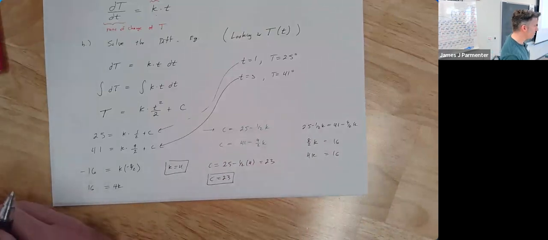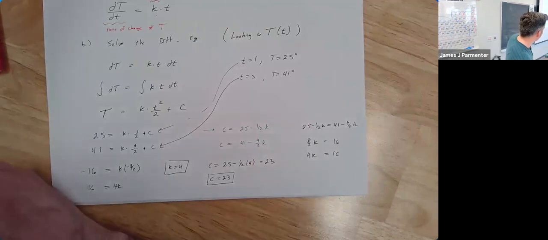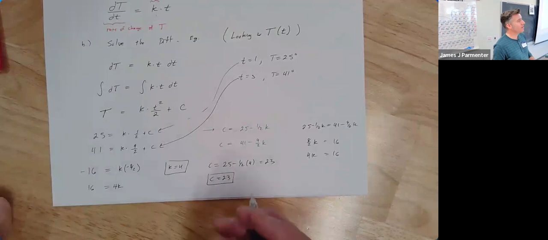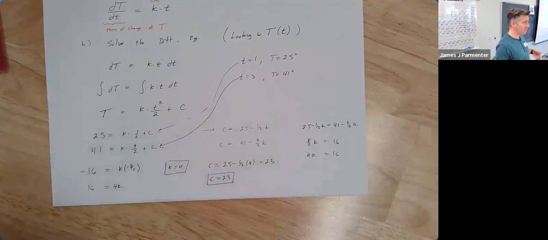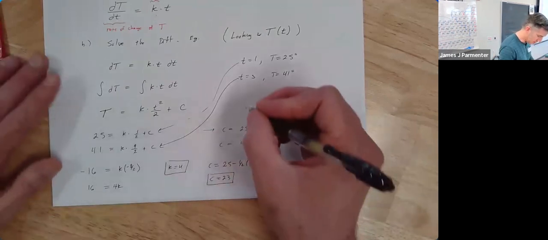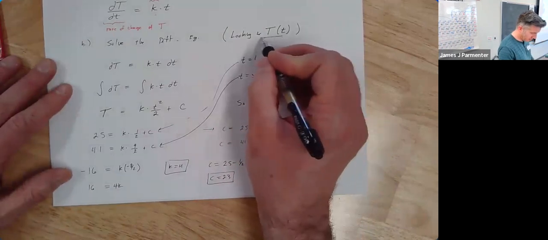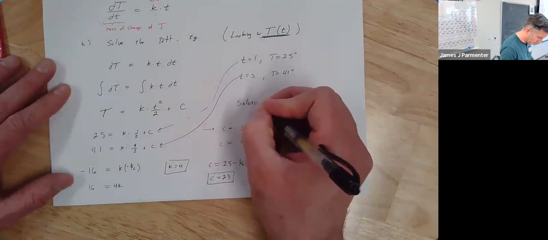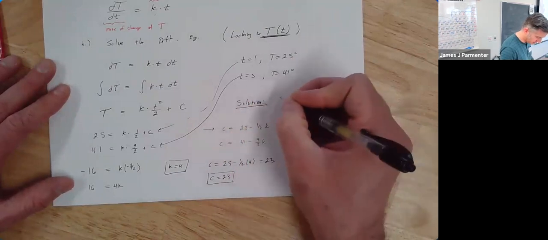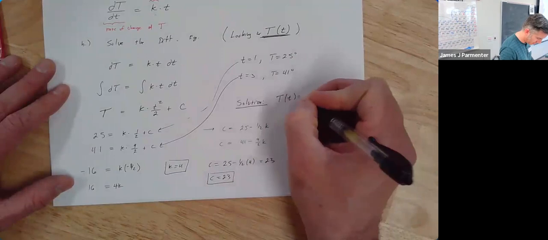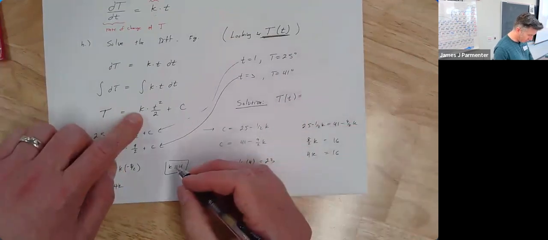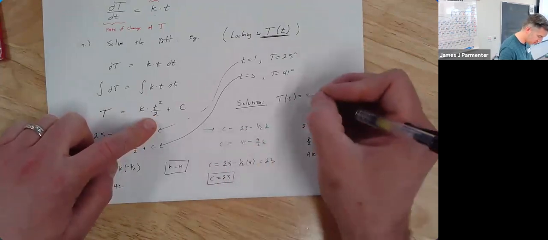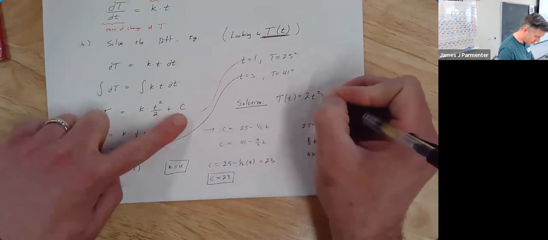Now, don't make the easy mistake here. We're not done. If you've got C and K, then we have to go back and write what our actual solution is. And the solution is what we were looking for, which is the temperature as a function of T. So the solution to my differential equation is that the temperature as a function of time is K, which was 4, so 4 times T squared over 2, which I should simplify to 2T squared, plus C, which is 23.